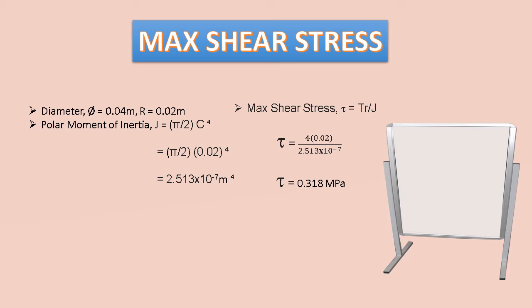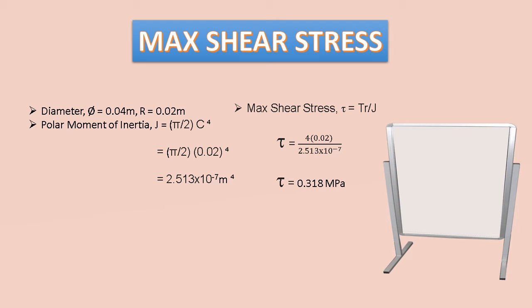After that, we can determine the maximum shear stress of the structure. As we know, the diameter of the structure is 0.04 and the radius is 0.02 meter. We must first calculate the polar moment of inertia to find the maximum shear stress.